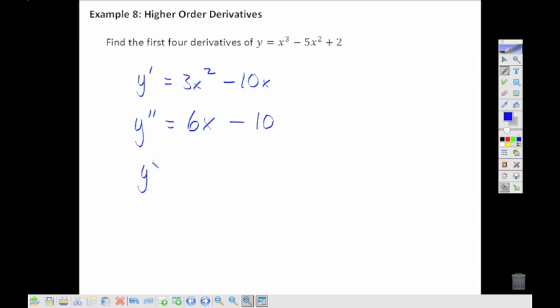Then I can take a third derivative with 3 primes. The derivative of that is 6, the 10 is gone, and if I take a fourth derivative, I guess I will just make 4 marks here, the derivative of this is going to be 0. And so eventually with a polynomial function, our derivative is eventually going to work down to 0. Not every function will do that, but polynomial functions will.